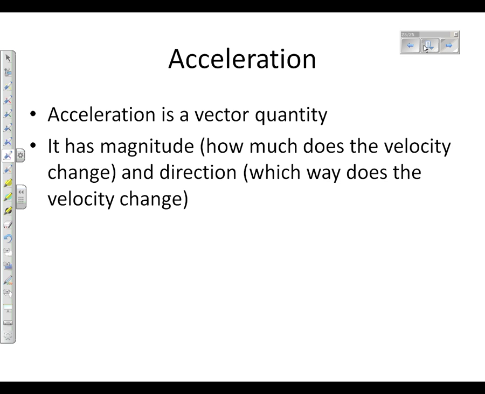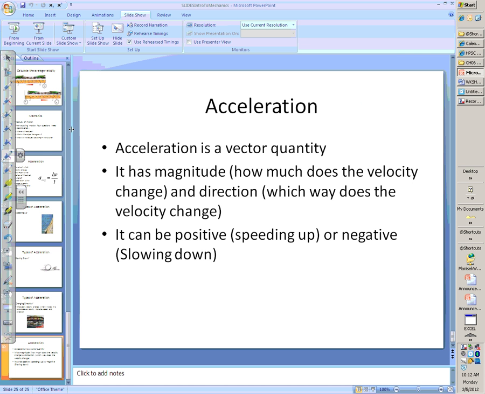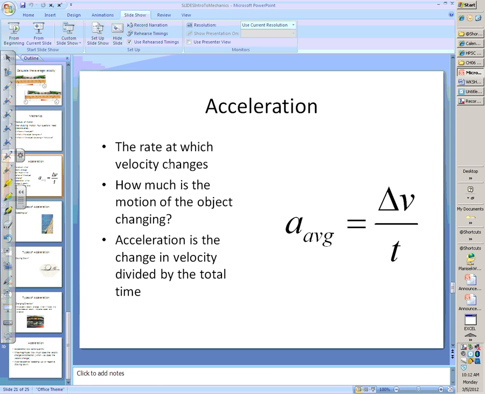If we go back to the definition of acceleration, the rate at which velocity changes, or how much the motion of the object is changing, there are three physical motions that fit the definition of acceleration.